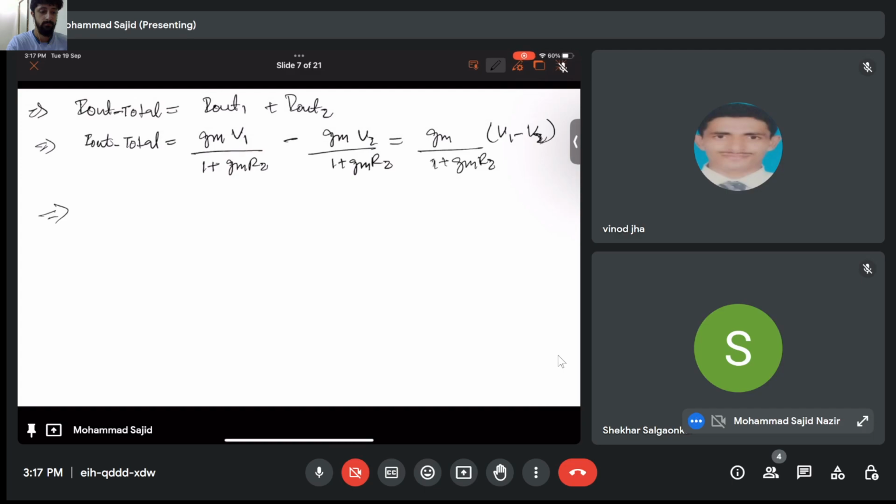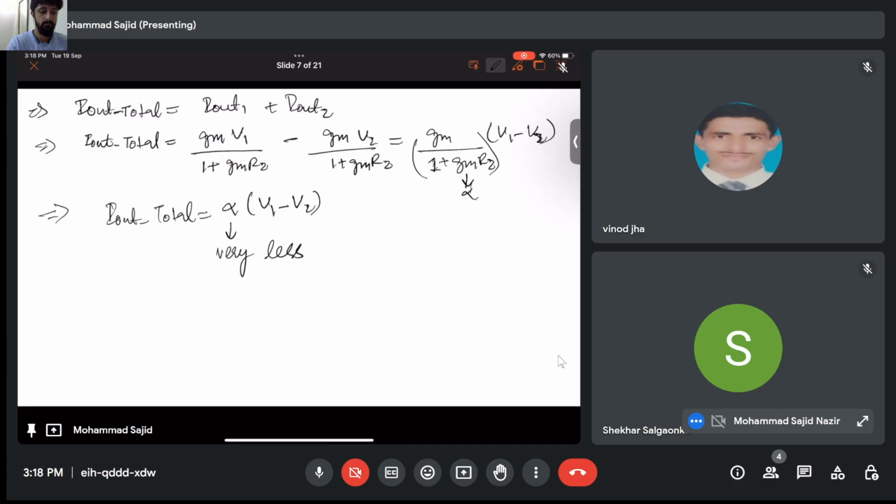So you see that this fraction, let's call this alpha, I output total is equivalent to alpha times V1 minus V2. So this is very less.